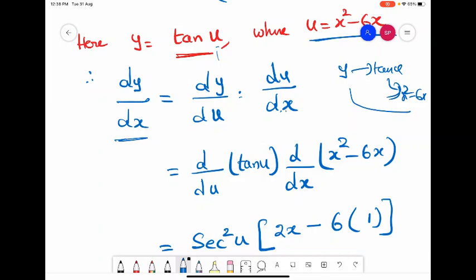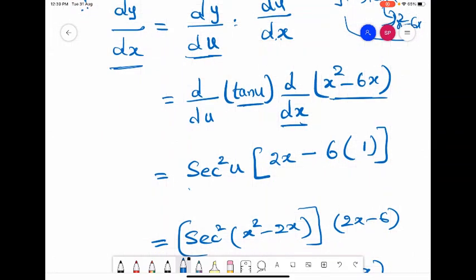So what is the first one? dy by du means d by du of tan u into du by dx means d by dx of x square minus 6x. So the derivative of tan is secant square u into, now d by dx of x square minus 6x. The first formula if you apply, x square derivative is 2x, 2 into x to the power of 2 minus 1. Hope you understood this, right?